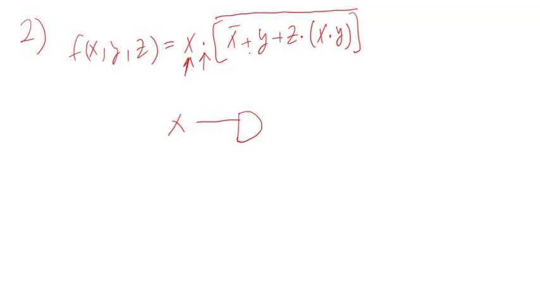In this bar here, the negation will be represented by this circle. That means not, or inversion. So the second input to this AND gate has x' or y or z.